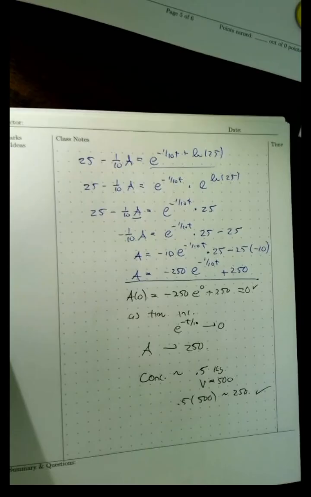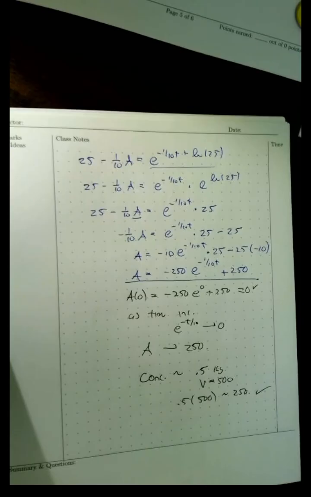I had u is 25 minus 1/10 A, du is minus 1/10 dA/dt. So that says dA/dt is minus 10 du. So my integral becomes 1 over u times minus 10 du equals the integral of dt.